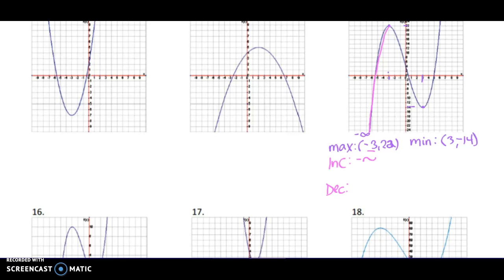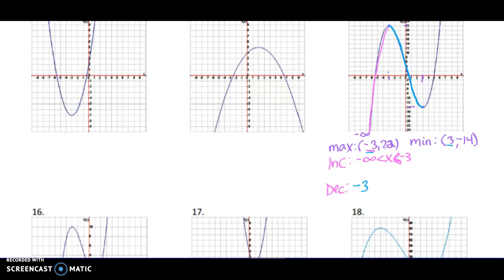Increasing, negative infinity, less than x, less than. Going to that -3, I haven't used it yet, so I put an equal to on my less than symbol. So less than or equal to -3. I'm changing direction. Now I'm decreasing from -3 to my minimum.